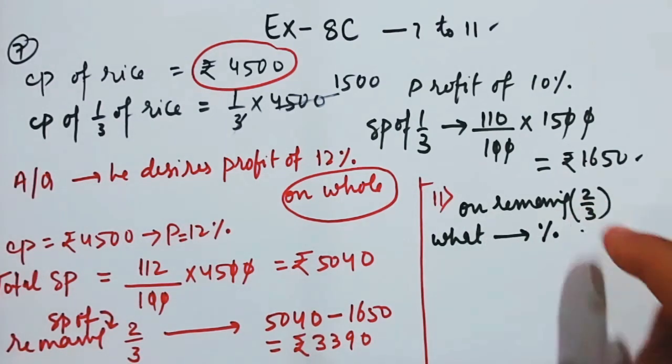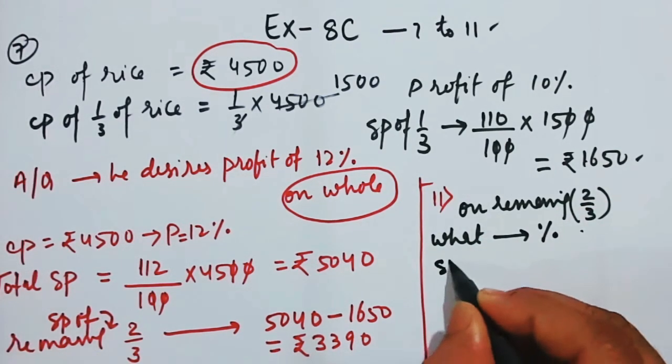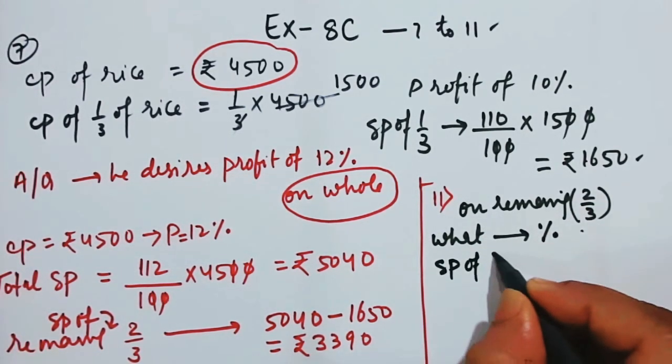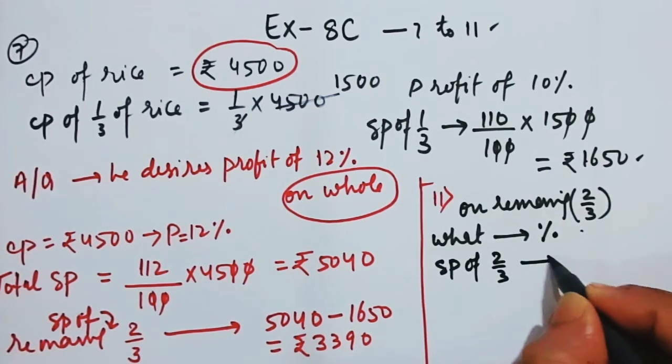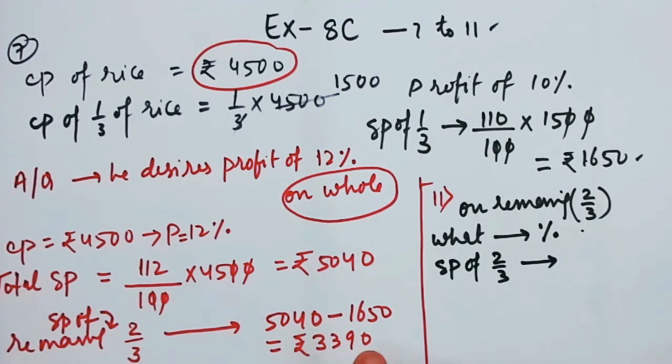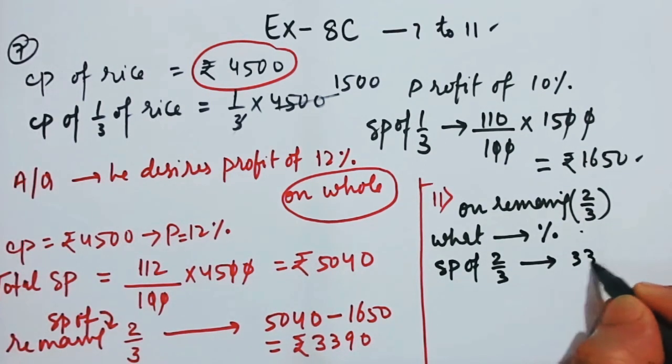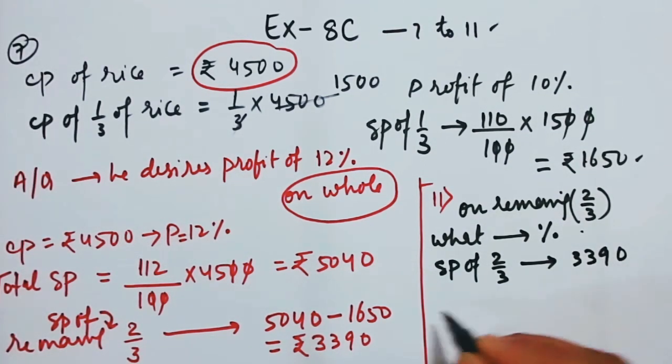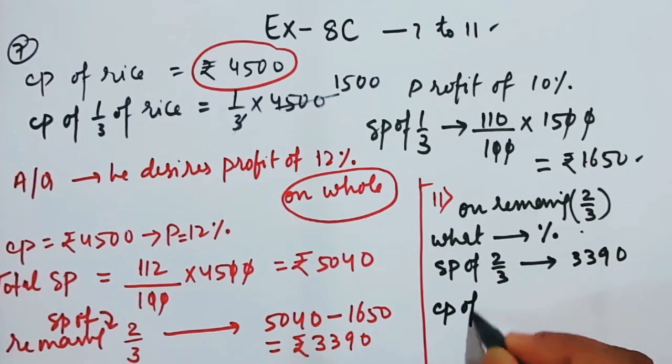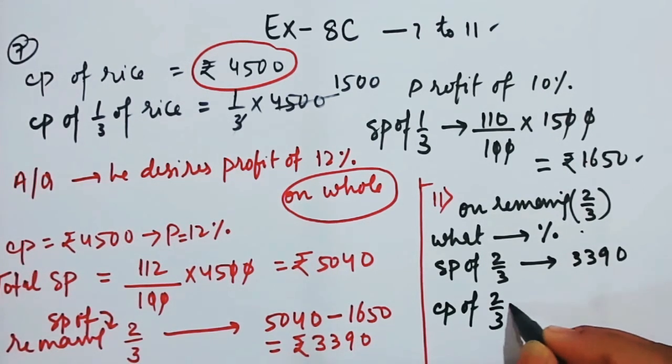So on the remaining 2/3, the selling price was how much? 3390. We had already found it out. And the cost price of 2/3 will be equal to how much, my dear?